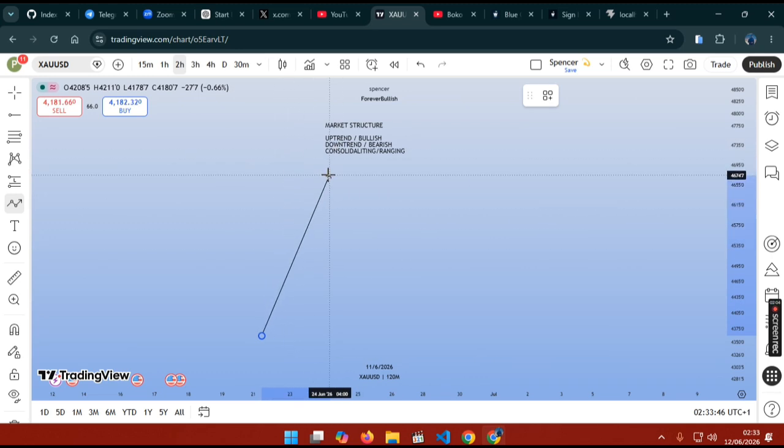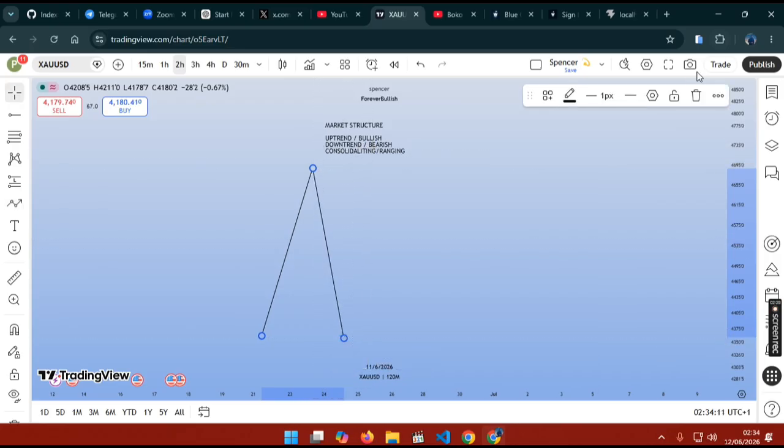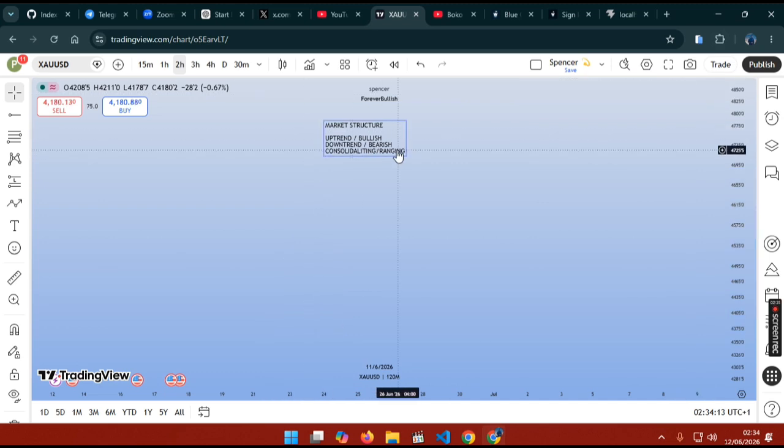And if someone tells you that we are on a bear run or the market is currently bearish, it means the market is selling. Just have it in mind that a bullish market is market that is buying to the upside, while a bearish market is market that is selling to the downside. So that's basically the two names.